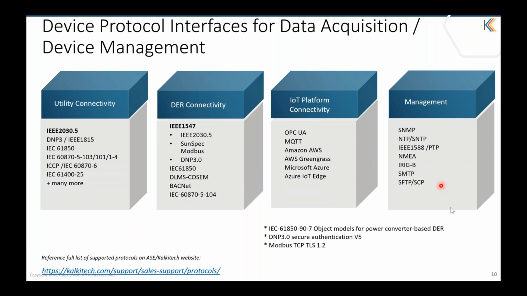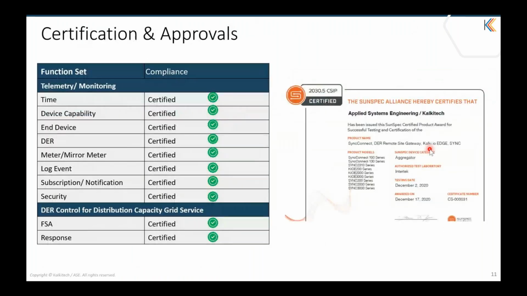And there are a lot of management protocols like SNMP, SFTP for file transfer, NTP or SNTP, and IEEE 1588 for time synchronization. All the management-level protocols are also supported in the gateways. Moving on.